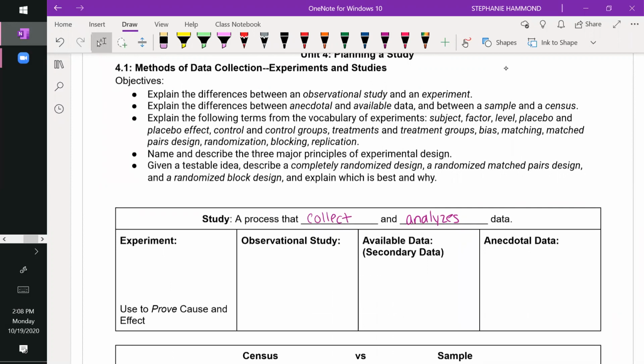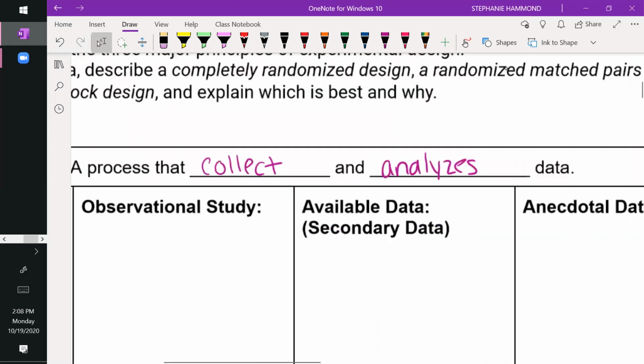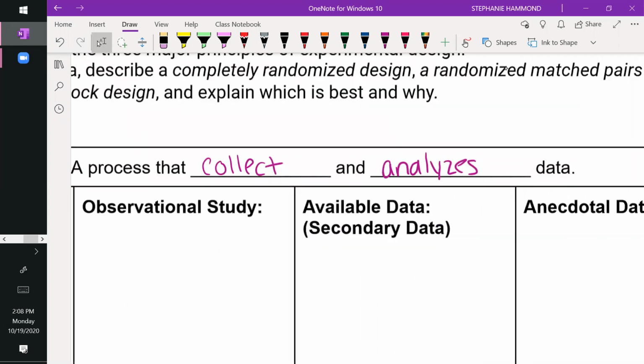So the first one I would say would be using available data. If I go online or I open up a book or I go to the library and I look at data that's already been collected for some other purpose, I'm using what we call available data or secondary data because we're using it for a secondary purpose.